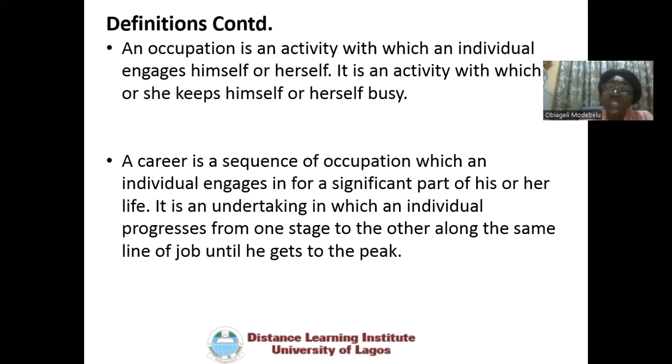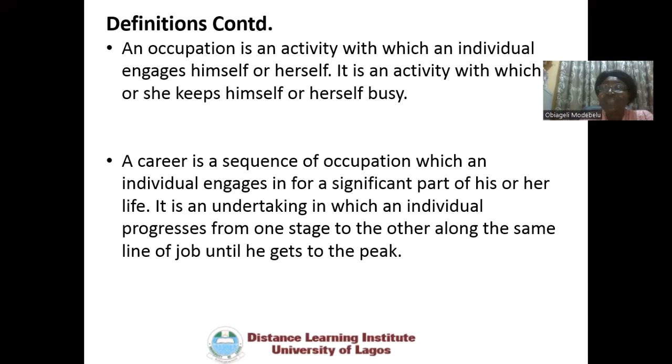It includes what you do before you enter into the career and what you do after you exit it. Take, for instance, going to school is pre-career. Retirement is post-career activities. So pre-career activities are also very, very important in career. If a child is going to school, he wants to be a medical doctor.